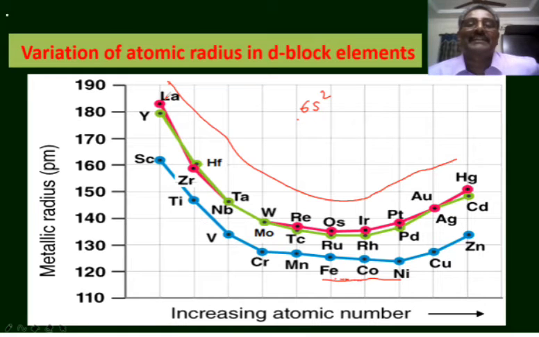For the 5D transition elements, lanthanum, hafnium, tantalum, tungsten and so on, the 5D orbital is being filled. There are 14 f electrons in between 6s and 5D. The f electrons are inner to 5D.